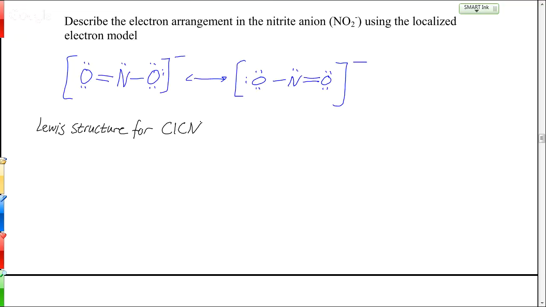See if you can draw 2 resonance forms for this Lewis structure. Actually 3. There should be 3 Lewis structures that you can draw that have the same connectivity, where everything fits the octet rule, but with different double bonds and lone pairs distributed. So find 3 resonance forms.